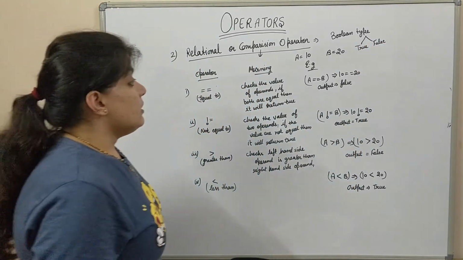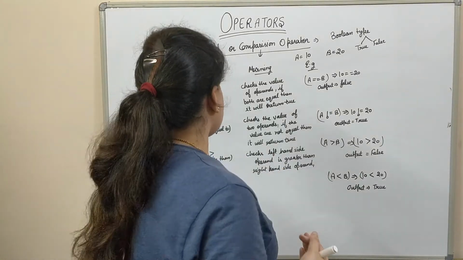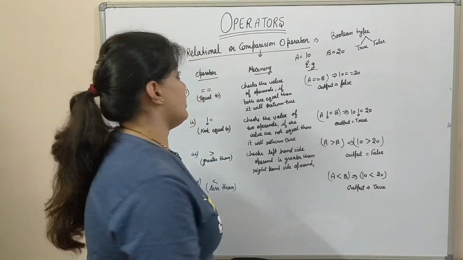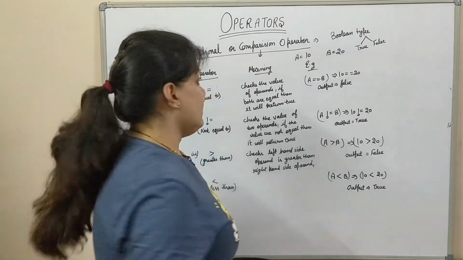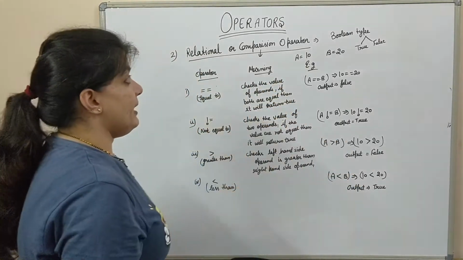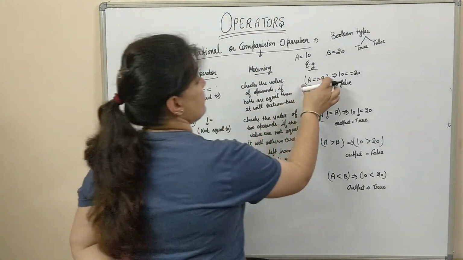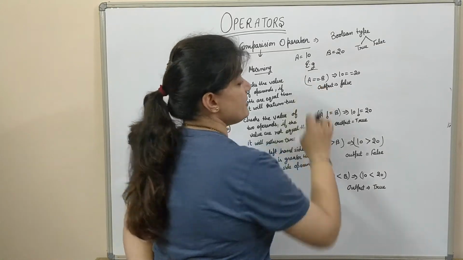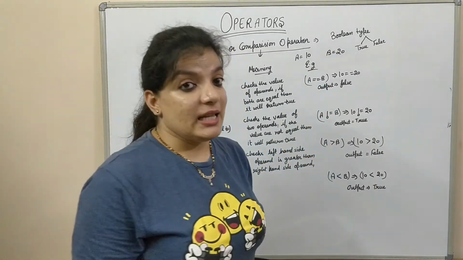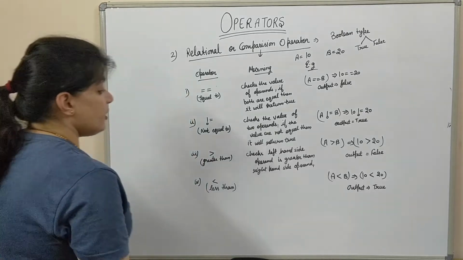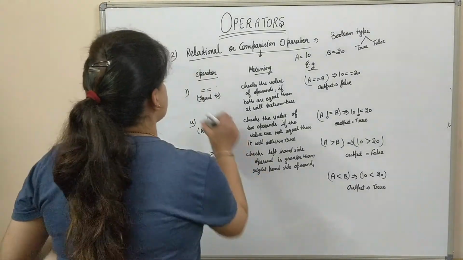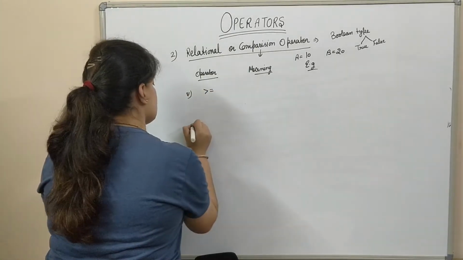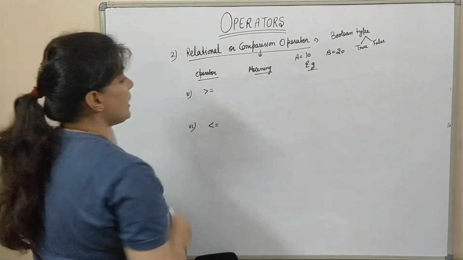These types of operators are also known in some programming languages as comparison operators. And when we write these operators with operands, the combination of operands and operator is known as a relational expression. Now there are two more relational operators: the fifth type is greater than or equal to, and the sixth one is less than or equal to.